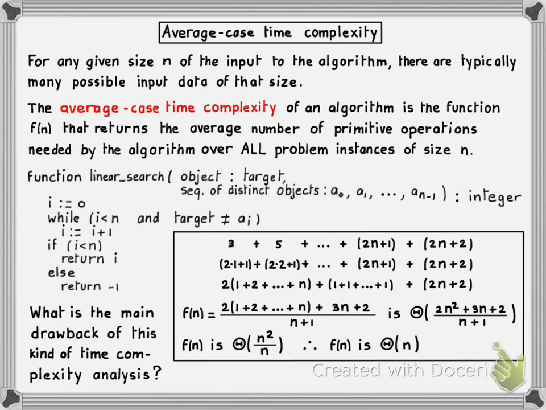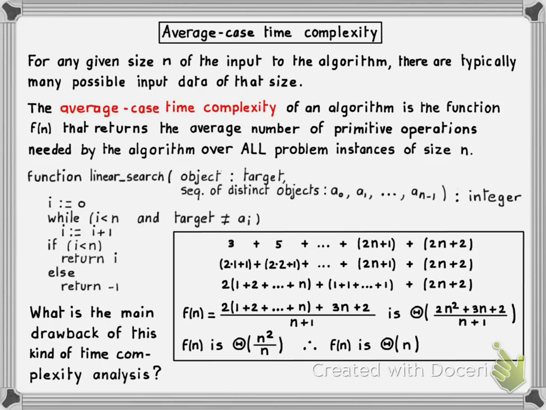And remember, even if you get an accurate average case time complexity, the average case does not tell you anything about the worst case. So, say if the average case was linear but the worst case was n squared, knowing the average case time complexity does not guarantee that in some cases you will get a much worse runtime. For example, n squared. It's not the case here, but it could happen. In other words, the average case time complexity is not always the same as the worst case.